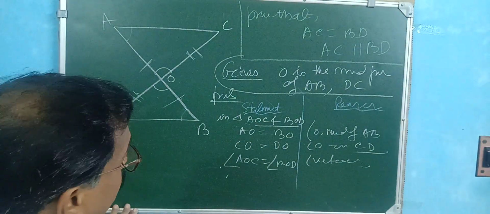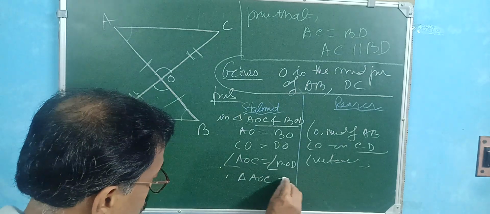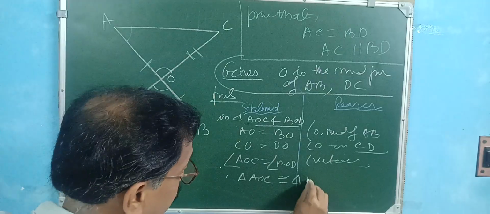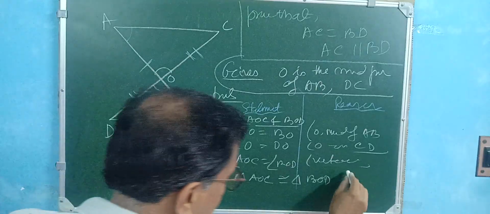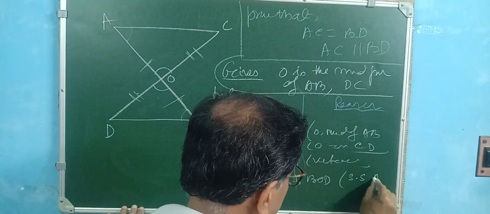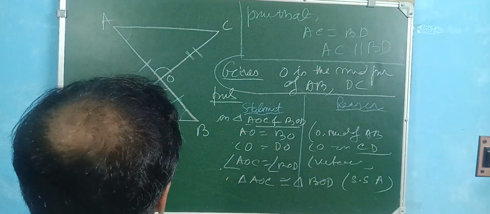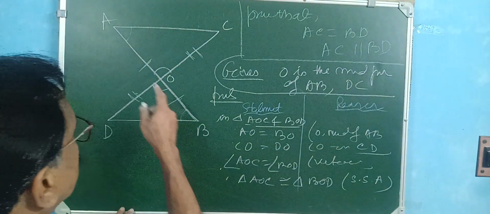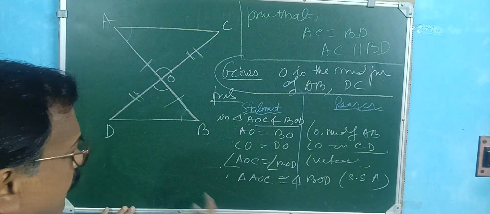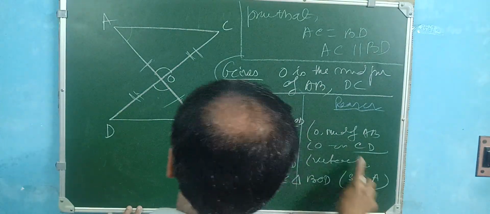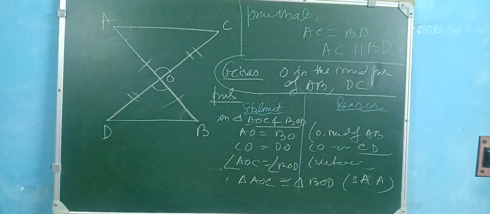So therefore আমি লিখতেই পারি for that reason triangle AOC is congruent to triangle BOD by side angle side. এটা এদিক দিয়েও ঘুরে যাওয়া যায়.